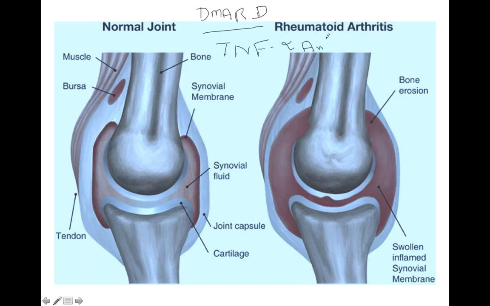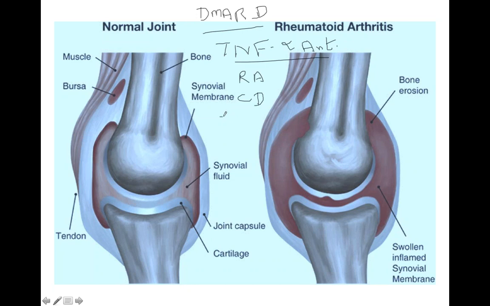TNF alpha antagonists are also used in case of Crohn's disease. So rheumatoid arthritis when methotrexate is not effective, and in case of Crohn's disease we use TNF alpha antagonist. Any other condition you can think of in which we use TNF alpha antagonist?